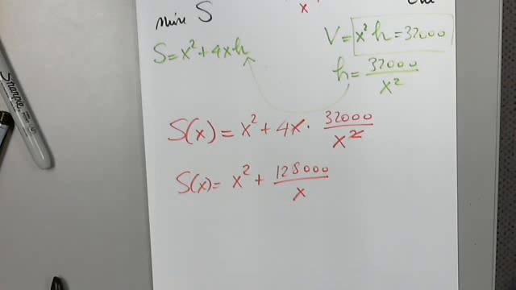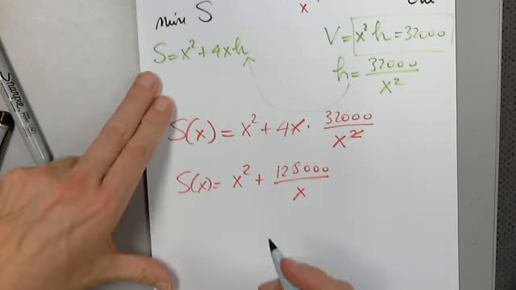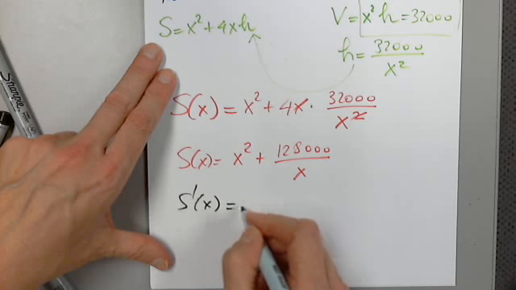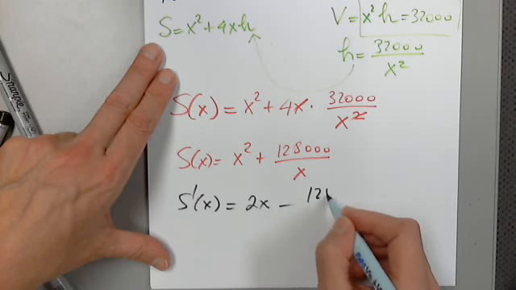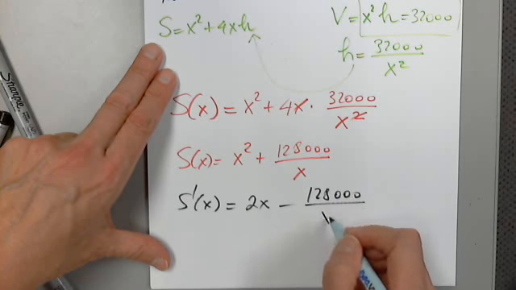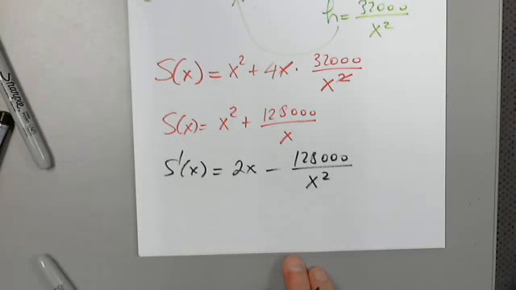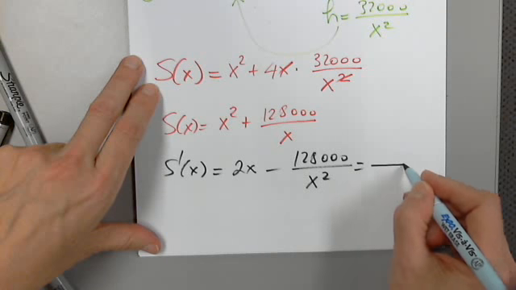I'm asked to minimize it. What do I need to do? Very good. So S prime of x will be 2x minus 128,000 divided by x squared. This is good, but I still need to have it in one fraction form and simplified.